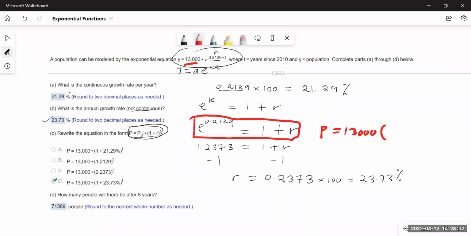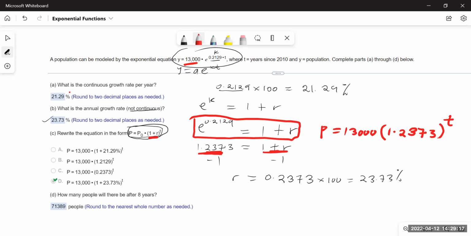Now in place of 1 plus r, why don't we substitute 1 plus r here? Okay, so 1 plus r is equal to 1.2373. So in place of that, we're going to do 1.2373, and that is exponent t.